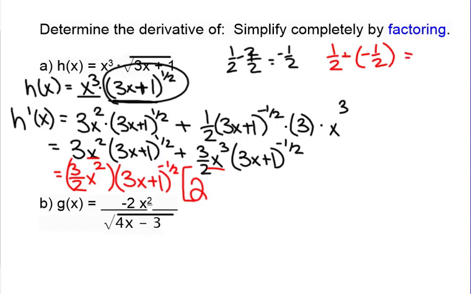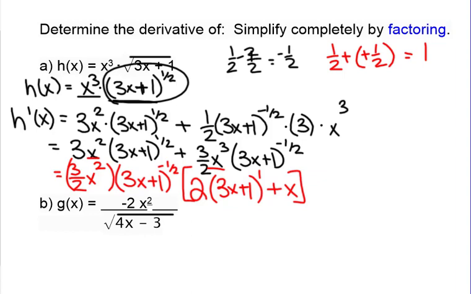That gives me 2 over 2, which is 1. That means this 3x plus 1 is now to the power of 1, and in my second term I'm just left with an x.